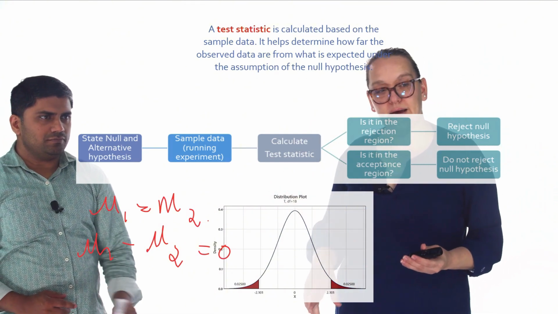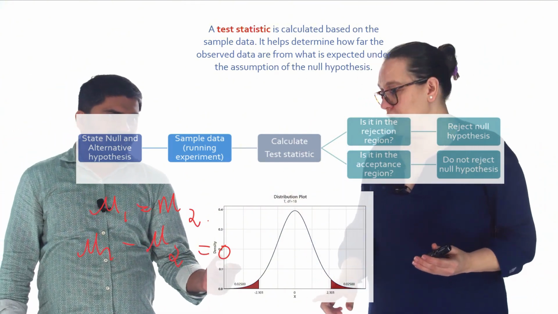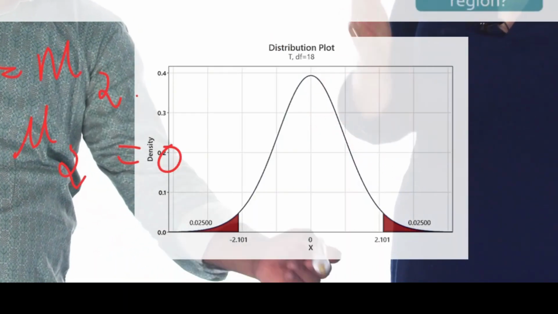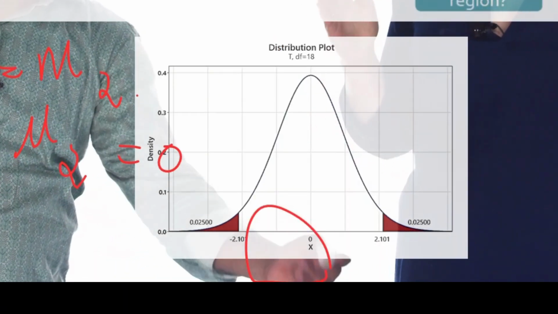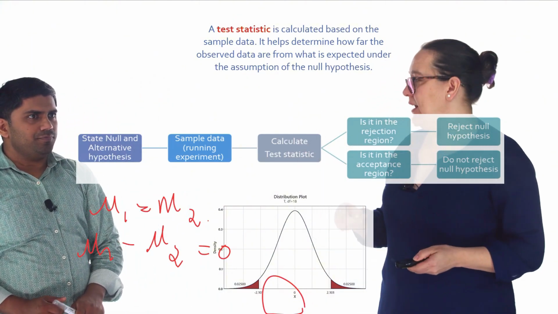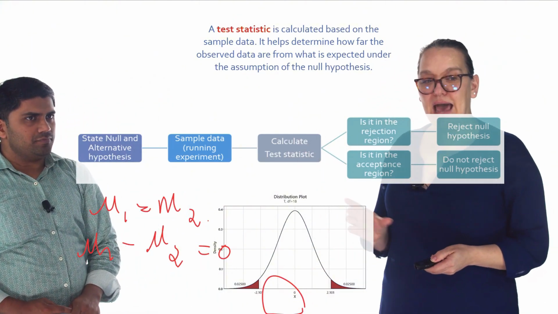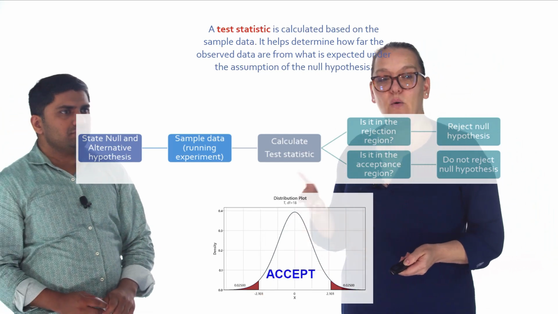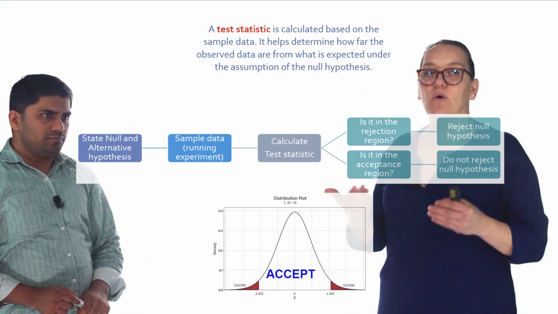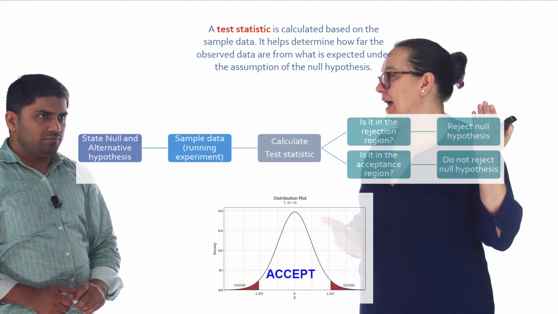You can see here in this plot, in the middle, 0. But of course data has some sort of variability. So if after you calculate your test statistic, it happens to be in this white region that we call the acceptance region, then we accept our null hypothesis.